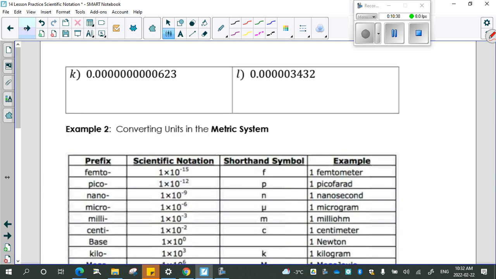All right, and K and L. Okay, so Braden's already telling me it's going to be 6.23 times 10 to the something.